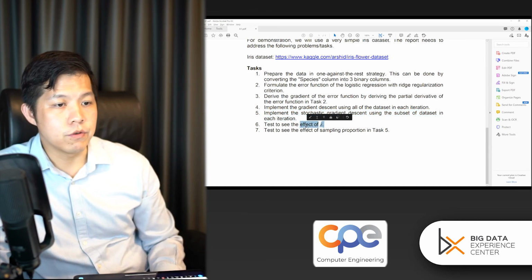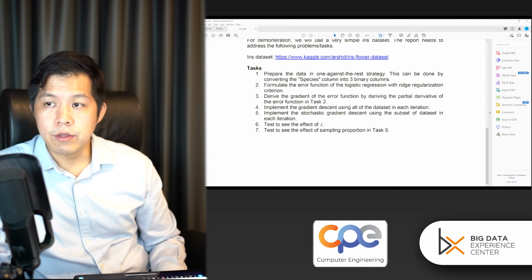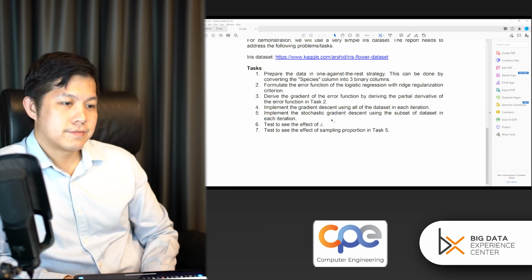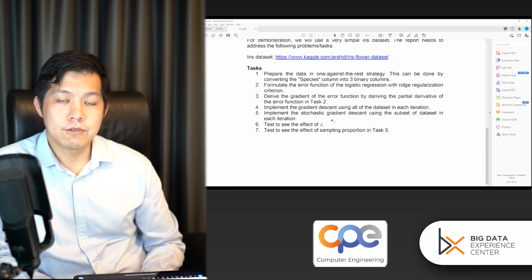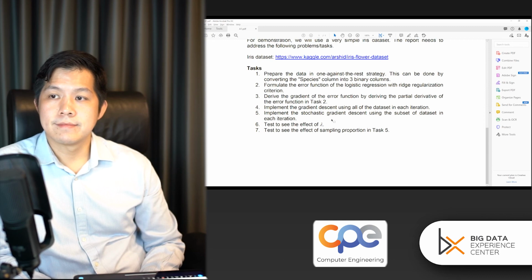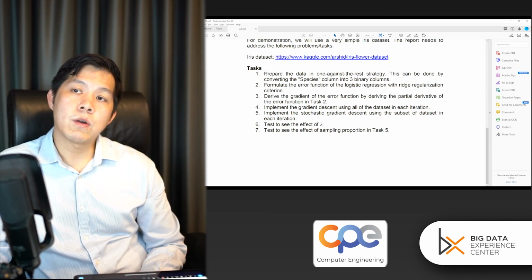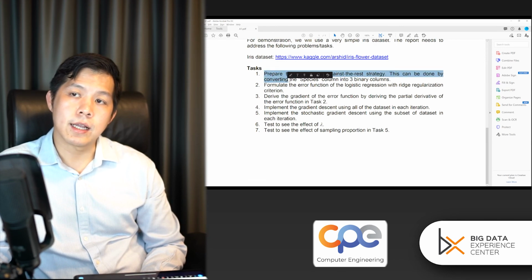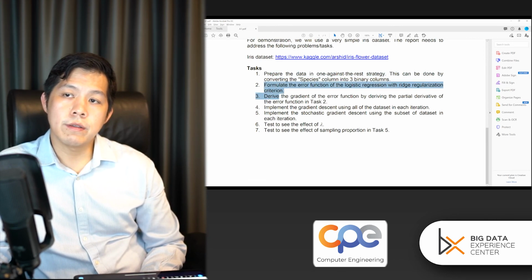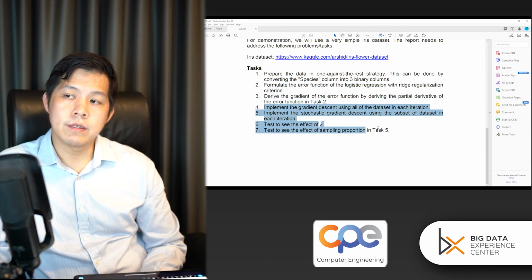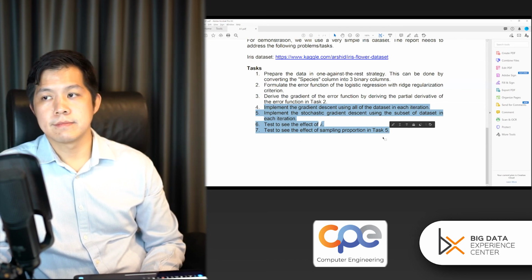What would happen if you change the value of lambda? And then you can also test the effect of sampling proportion in the stochastic gradient descent. Yes, using coding. That means part 1 is actually a coding task. Parts 2, 3, 4 are math tasks, mathematics, and then parts 4, 5, 6, 7 are coding.